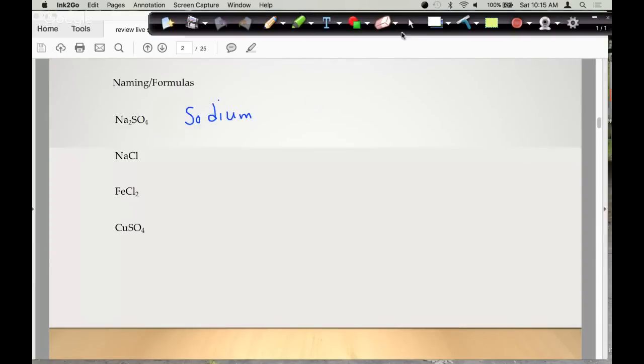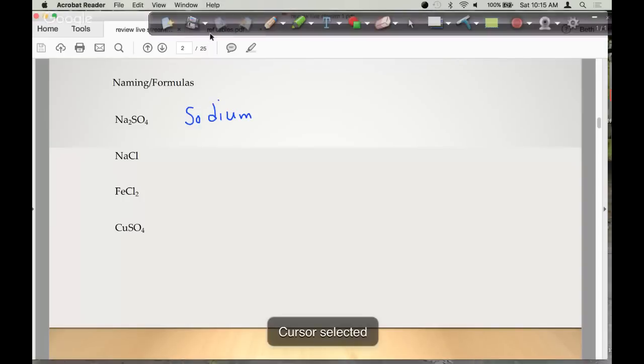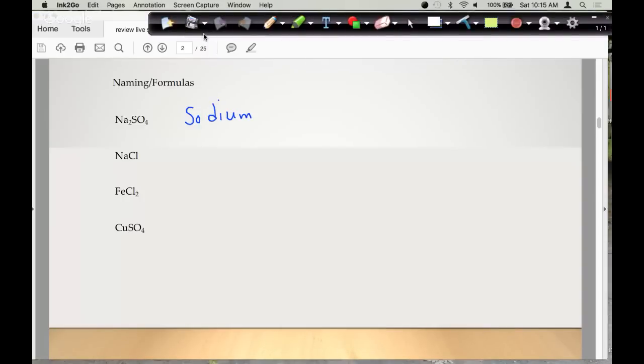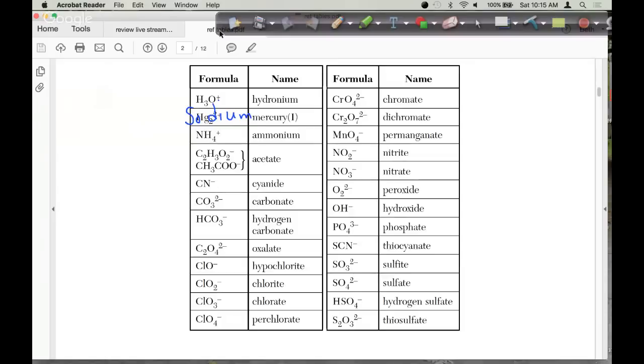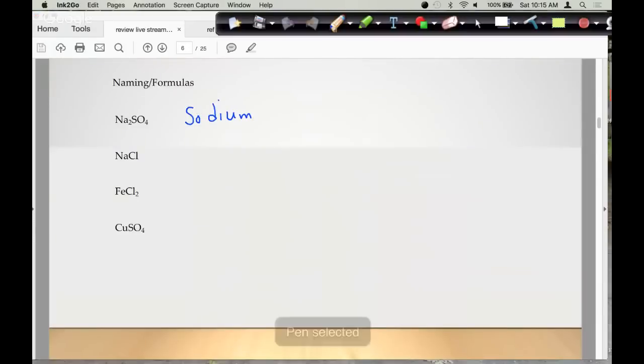And SO4, if we switch back to table E, its name is sulfate. It's down here, okay? So this would be called sodium sulfate, because you never change the name of a metal in an ionic compound formula, and you use the name from table E for the sulfate.